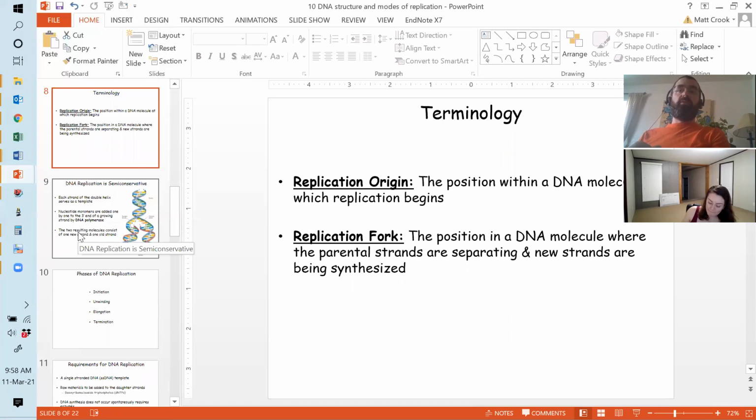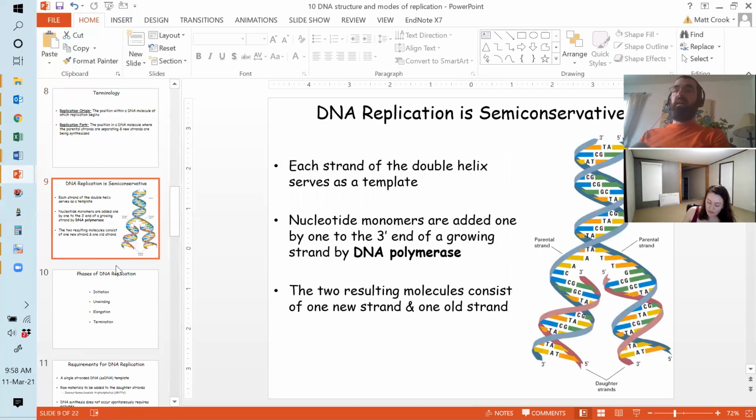Another point that's also really important to get across is that, again, this would be a replication fork just here, right? We're not showing the enzymes, but we're showing the original parental double helix gets separated to one parental strand here and one down here. And each one of these parental strands serves as a template for the synthesis of a new daughter strand.